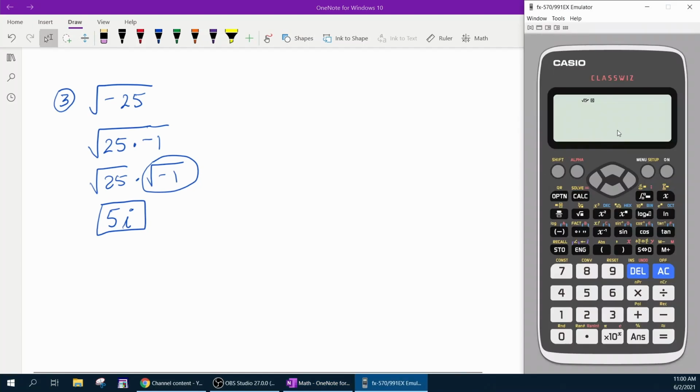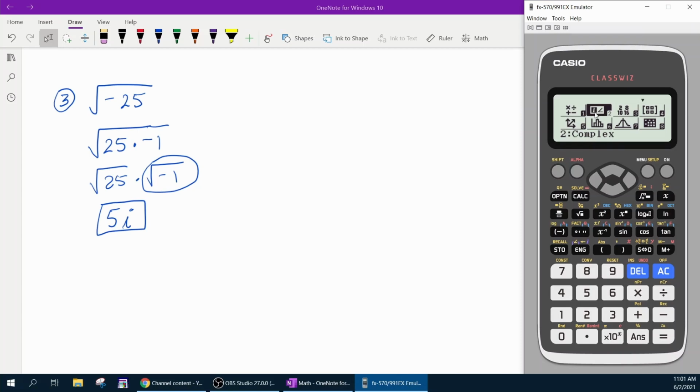Now, for those of you that love using the calculator, I've got some good news for you. On the Casio Class Whiz, if you type in the square root of negative 25 and hit equals, it's going to give us an error message, but that's okay. All that means is that we're in mode 1. So if we hit the menu button and go over one tile, you're going to see that menu option 2 is complex.